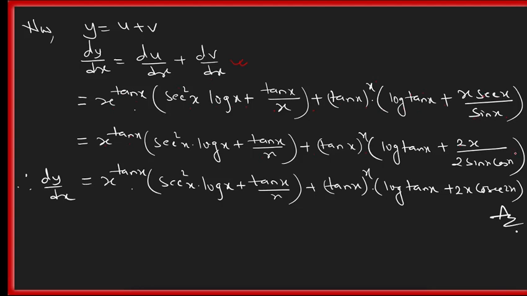We change it in this pattern to make a single term. 2x by 2 sin x cos x means 1 by sin 2x, that is cosec 2x. The other terms remain the same, and this is 2x times cosec 2x. In this way we can solve this question.